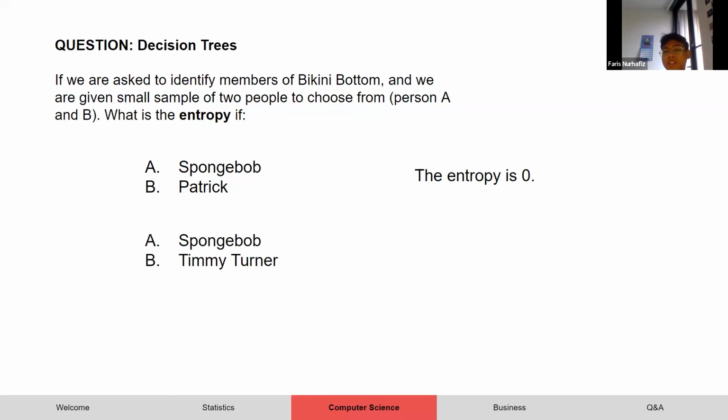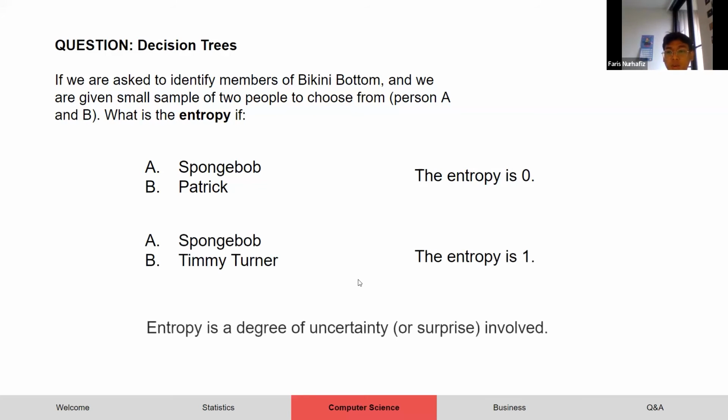What if we are given SpongeBob and Timmy Turner from The Fairly OddParents? And the answer is the entropy is 1. But what is entropy? Entropy is defined as the degree of uncertainty or surprise involved. In the first case, we know that both SpongeBob and Patrick belong in Bikini Bottom, so when we pick one of them, there is no surprise involved.